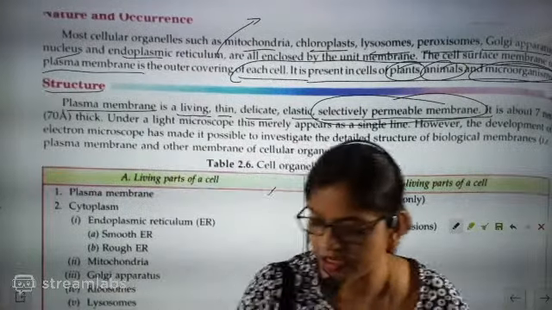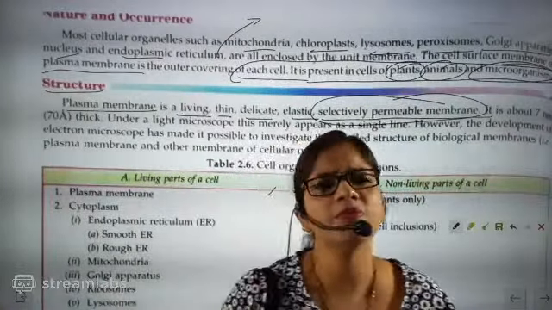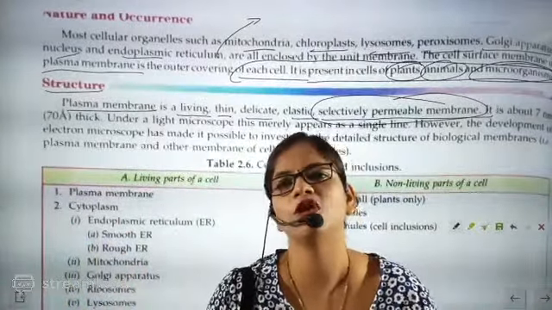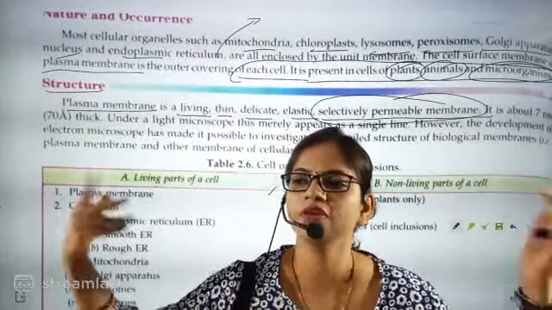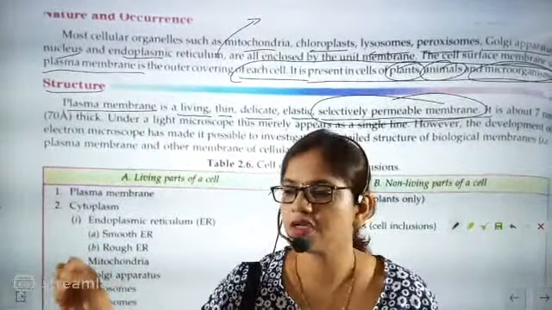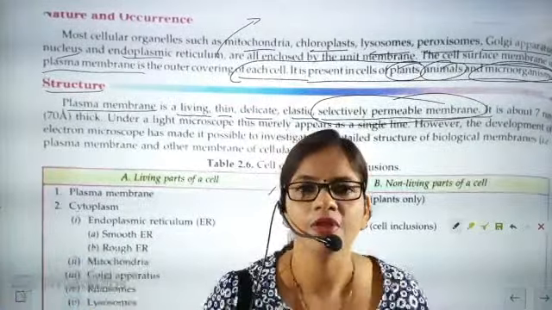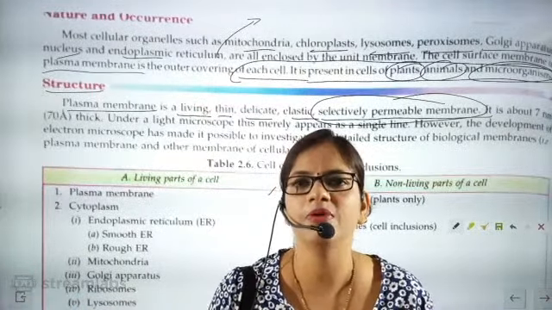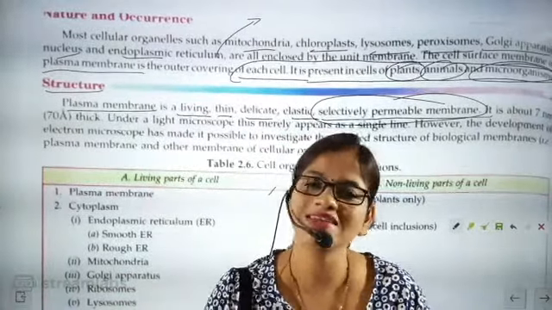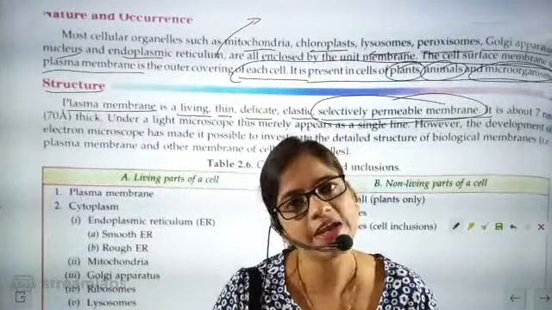Very good, Keshav. Exactly, selectively permeable means it does not allow everything to go in. Whatever microbes, microorganisms, or unwanted wastes come, the plasma membrane will not allow everything to go inside. Which one is needed by the cell, it will take only that.